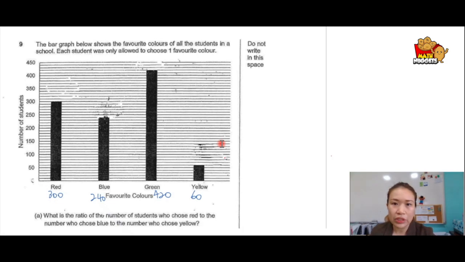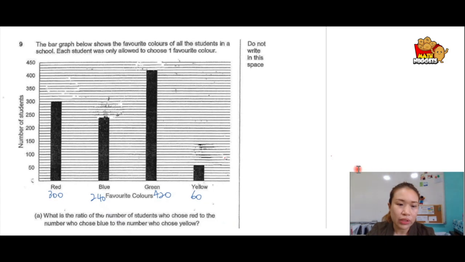Question 9, for this kind of bar graph question, you always go and look for the individual values first. In this case, I've done so already. So red, 300 students, blue, 240 students, green, 420 students, and yellow, 60 students.